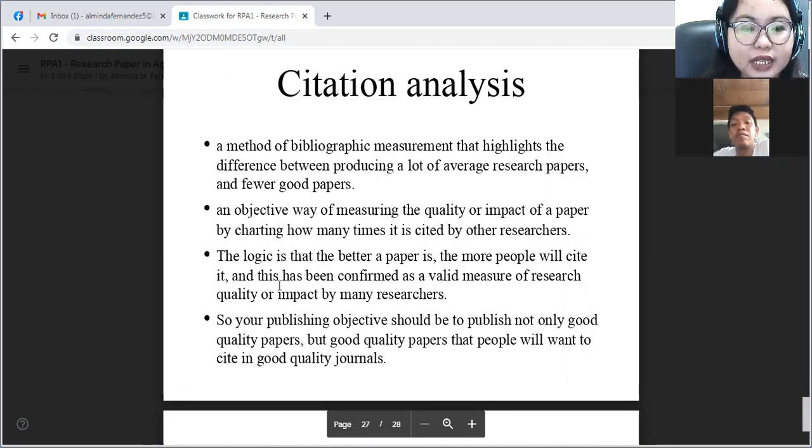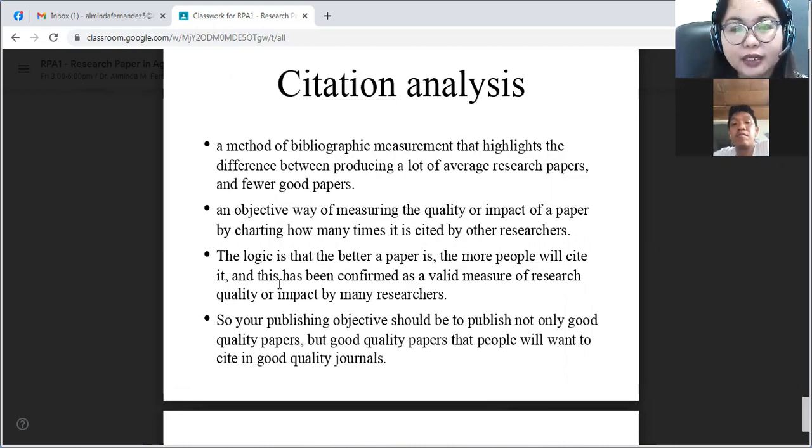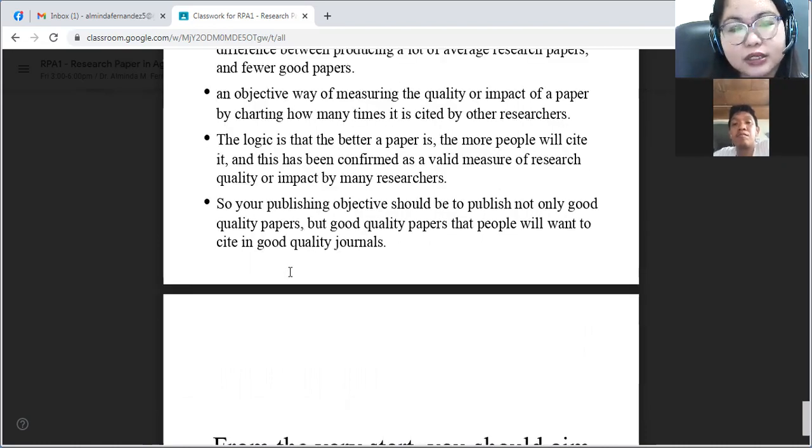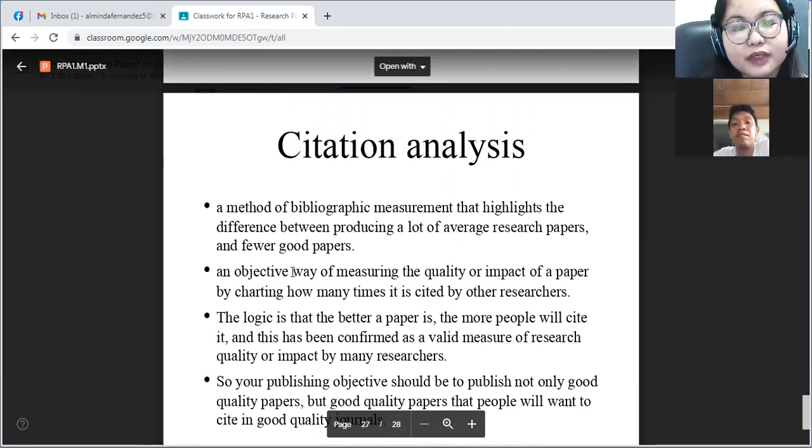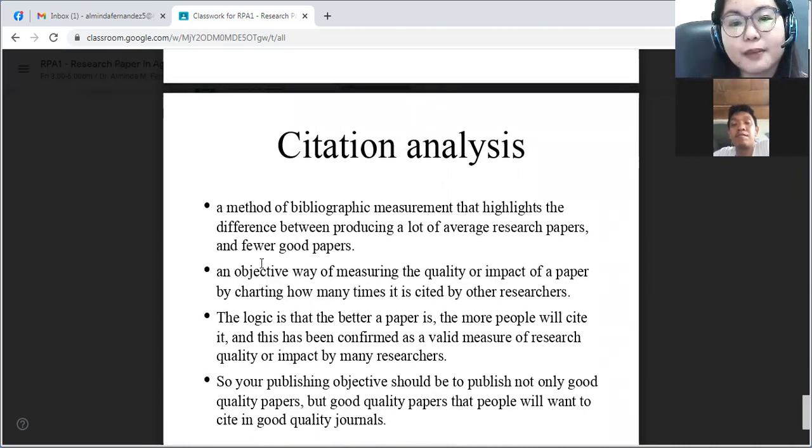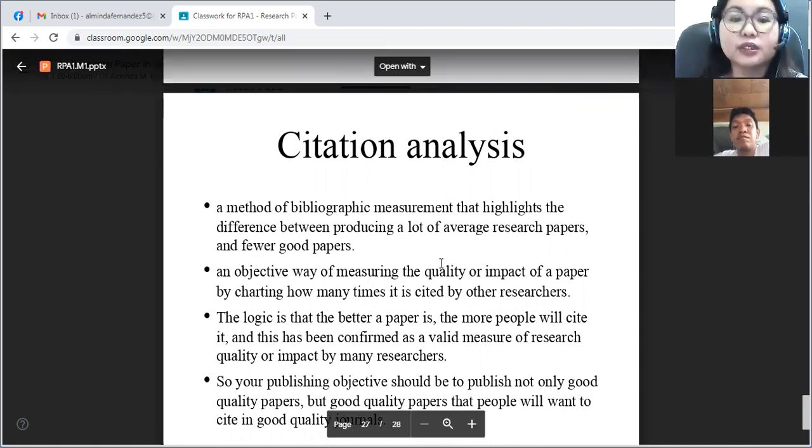And citation analysis is very important because it shows the usefulness of your publication. Even a review paper is useful, because you can share something you have learned through readings or through experience. If you publish that, it can be used through citation.